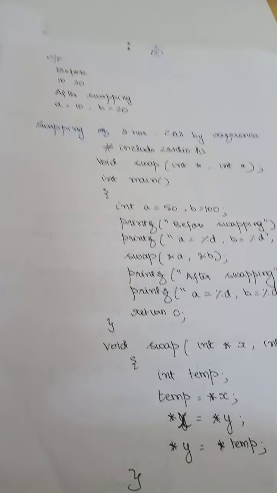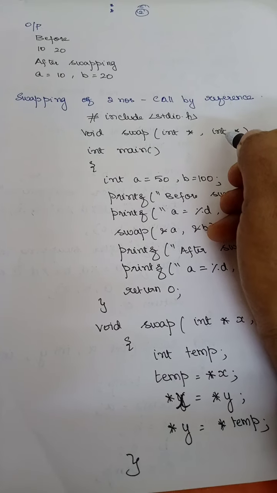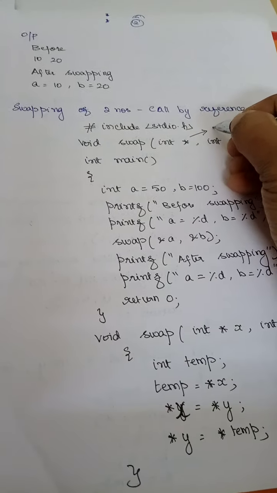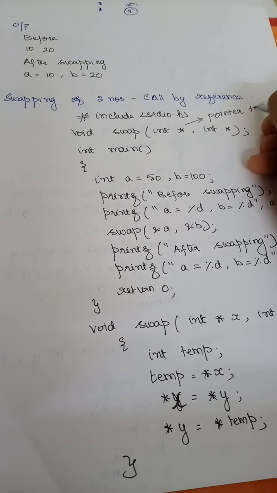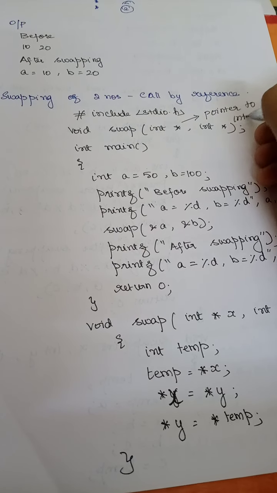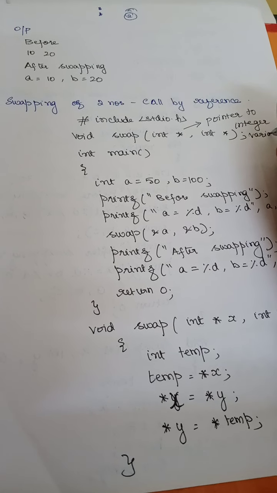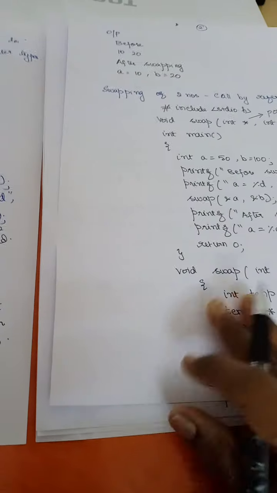But here what we are going to do is, it is not just int comma int. I am not going to pass just an integer variable. It is nothing but a pointer to an integer variable. Right? And what is this pointer? I'll tell you what a pointer is.